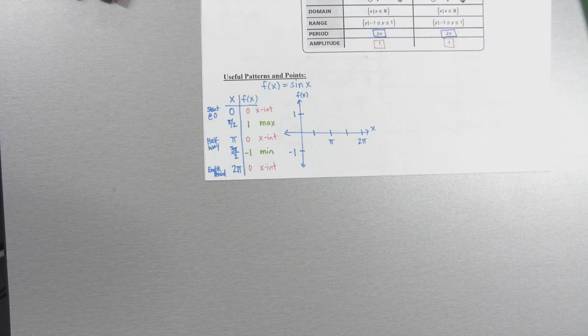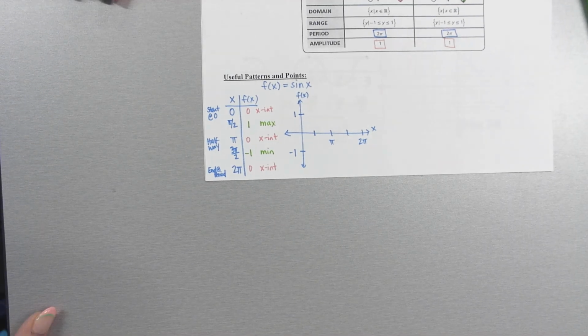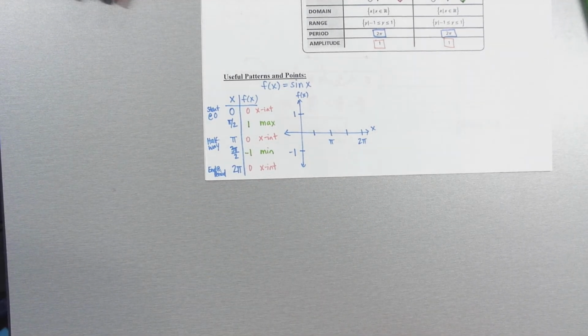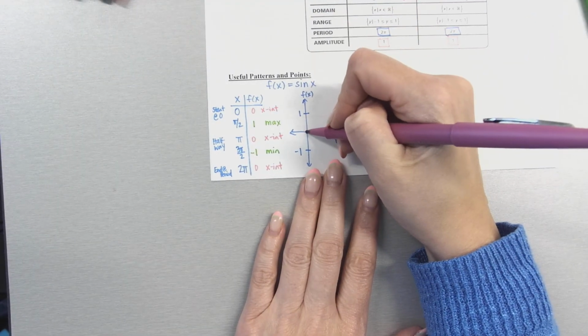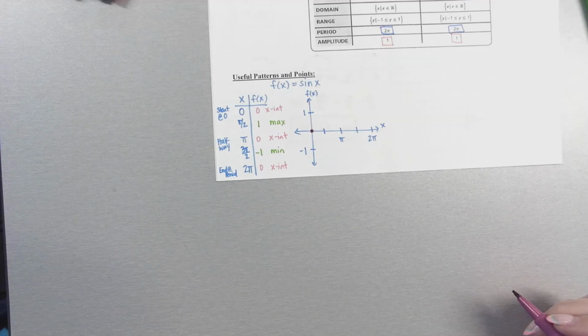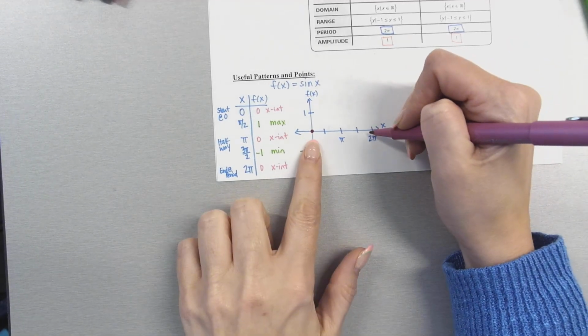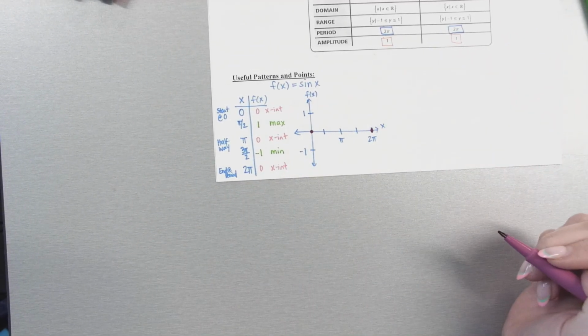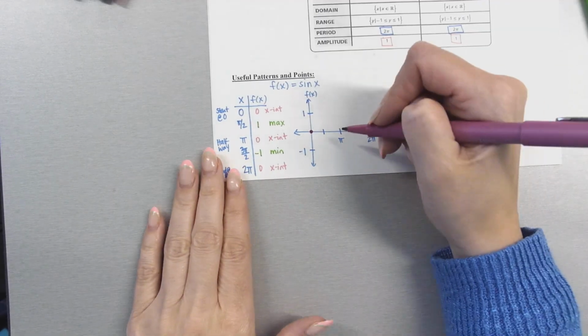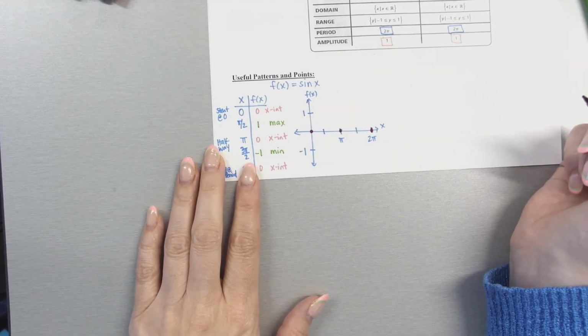The way that I graph them is in an intentional order, and you will be following that pattern the same way. Wherever you start, it's going to be 0. And then wherever you end should be the same as where you started. So we started at 0, we end at 0, halfway is 0.